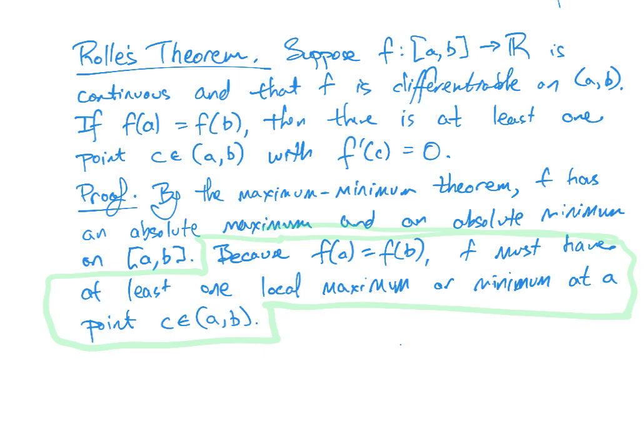Or if they're not the absolute max, then you've got a relative max on the inside. And then finally, if they are both the absolute max and the absolute min, then the function had to be constant. And since it's constant, all the points are local maximums and local minimums on the inside of that interval. Okay?